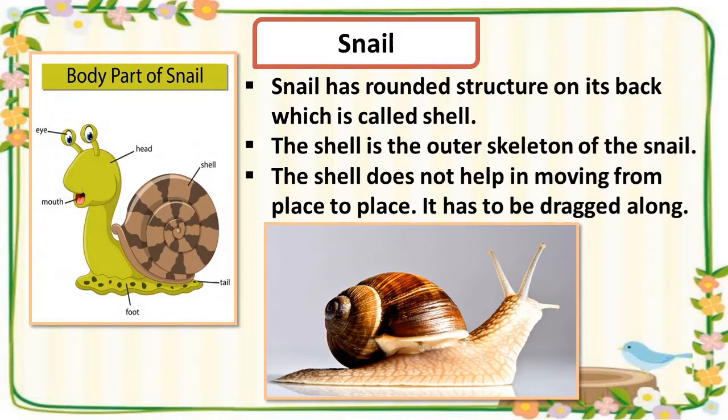The shell is the outer skeleton of the snail, but it is not made of bones. So, what is it made of? It is made of calcium carbonate. The shell is a single unit and does not help in moving from place to place. It has to be dragged along.